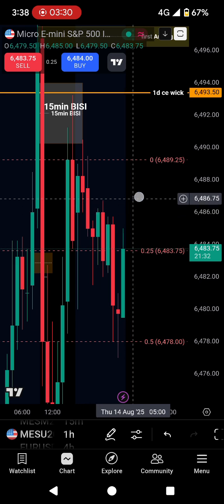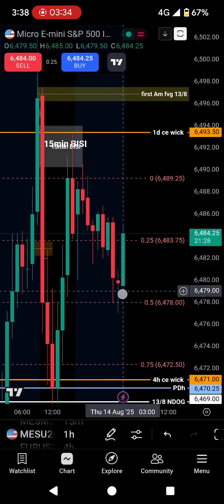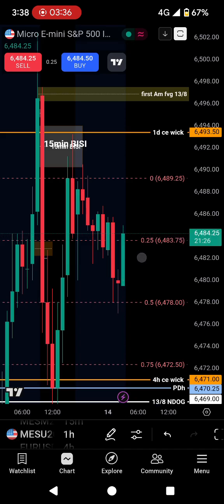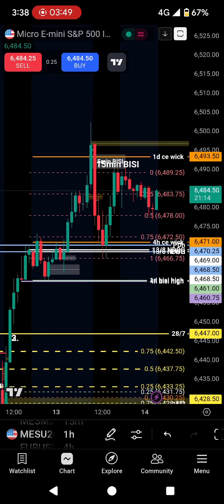We are holding bodies, respecting it, but this daily CV we traded above it. So this is telling me potentially not as bearish as we can see. Right now, where is the buy side?